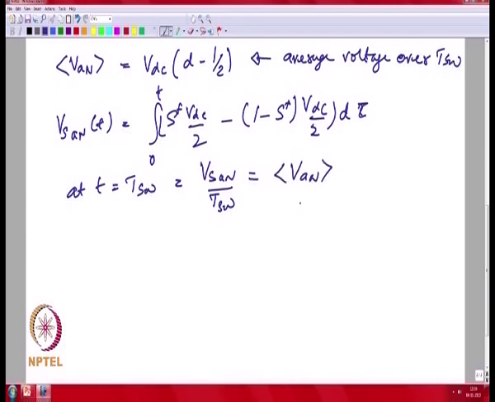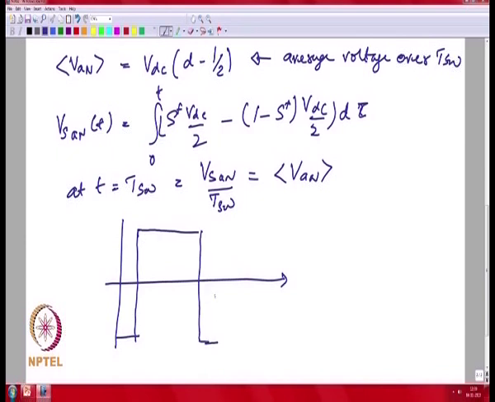So if you look at your PWM switching cycle, you might have the output of the inverter going between plus VDC by 2 and minus VDC by 2, and you might have an average value, and by definition the average cancels out the positive and negative volt second error.